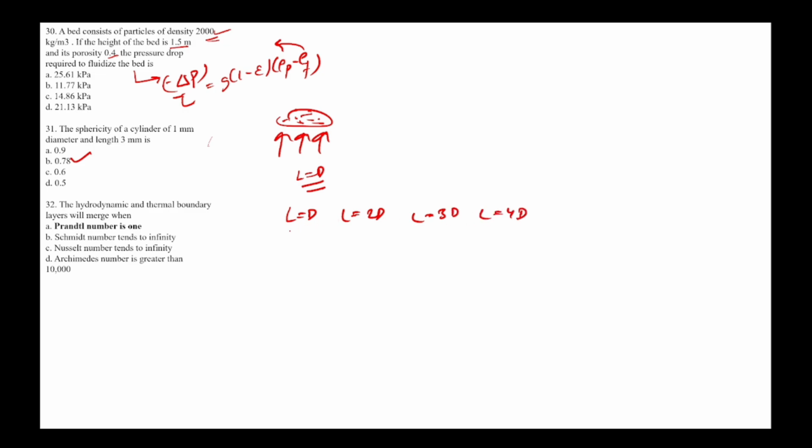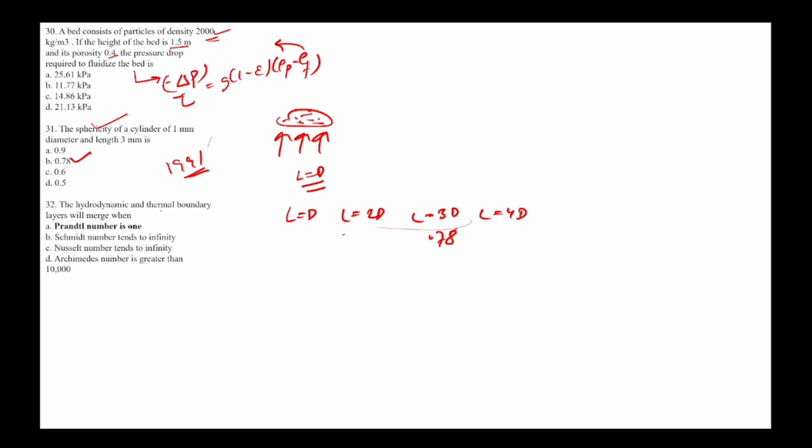I told you the value of each specific one. This is L equal to 3D, so 0.78. Okay. And I have told you the procedure how to find sphericity very clearly in 1991. So go through that lecture.